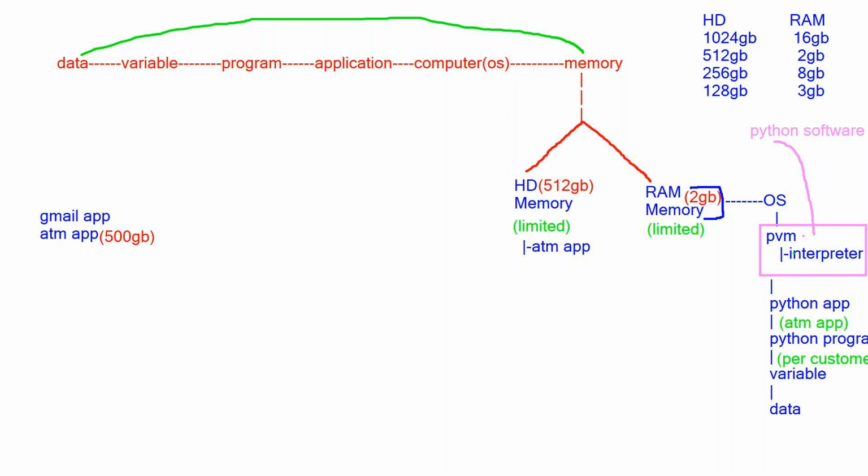So whenever you swipe your card, which means whenever you request the Python virtual machine along with the interpreter to process the data, it will pull the data from the database of that application and compare it with the data that you provided.